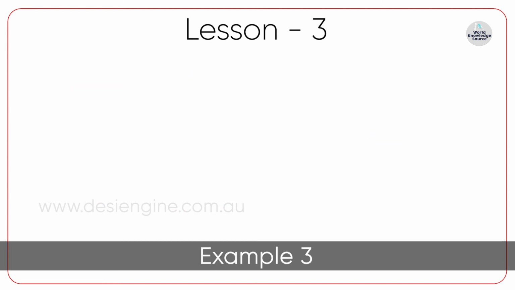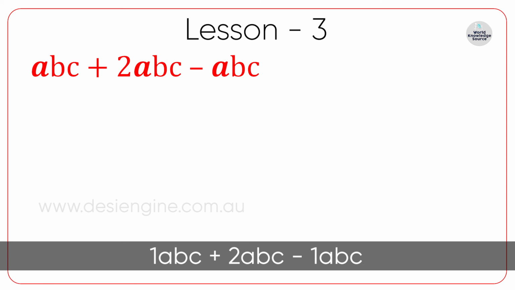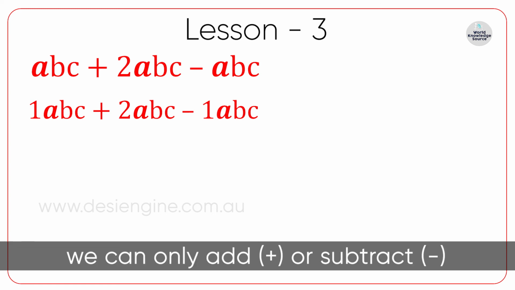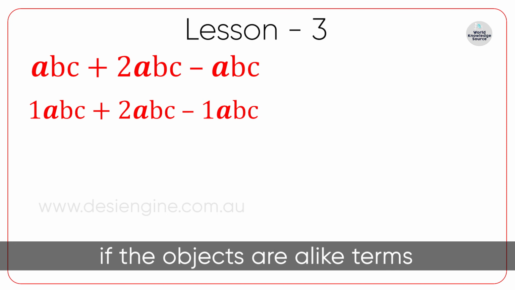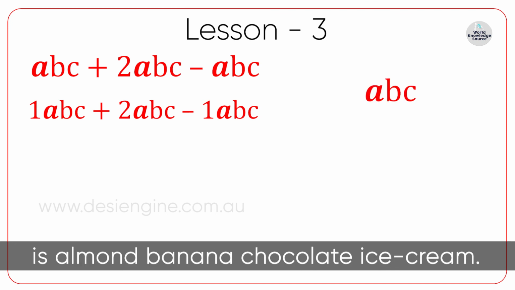Example 3. abc plus 2abc subtract abc, same as 1abc plus 2abc subtract 1abc. Remember, we can only add or subtract if the objects are like terms. Let's say abc is almond banana chocolate ice cream.